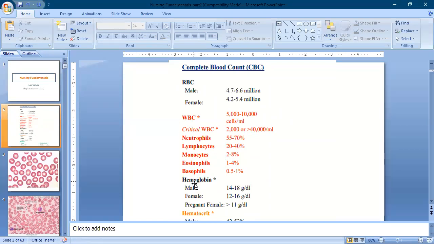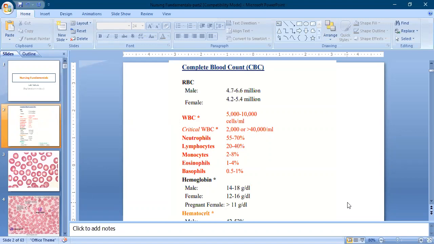So hemoglobin normal range we also have to know. In case of man, hemoglobin is 14 to 18 gram per dL. In case of female, it is 12 to 16 gram per dL. Another question the NCLEX board sometimes asks: in case of a pregnant mother, what should be the target hemoglobin level?